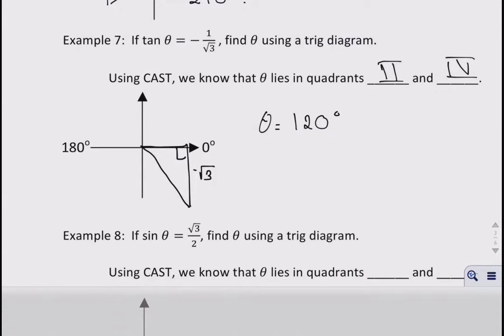And it's negative root 3 because it's in the negative y region. I have a 1 here. And this is my angle of 60 degrees, which means my main angle is going to be 300 degrees. So my other value of theta is 300 degrees.